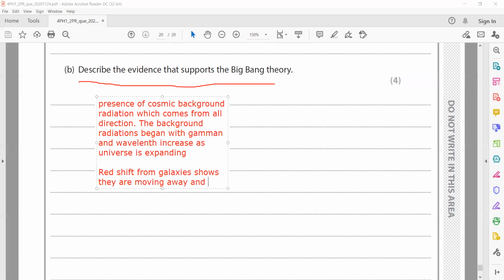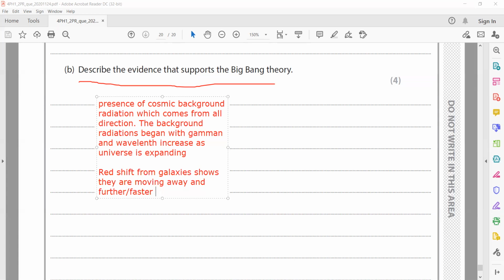And the fastest galaxy shows a greater redshift, the further one, which is the faster one, because when the distance increases, the recession speed at which the galaxies are moving away is also increasing, and that is given by Hubble's law: v is proportional to d, the speed is proportional to the distance of the galaxies.